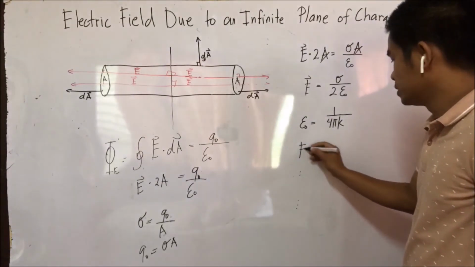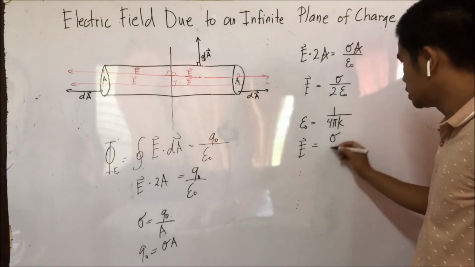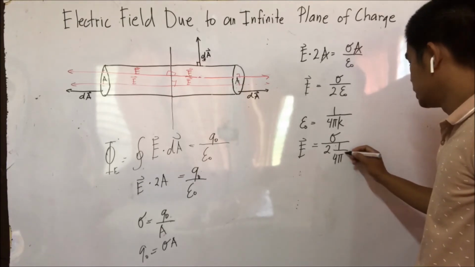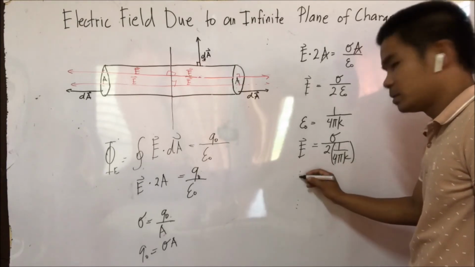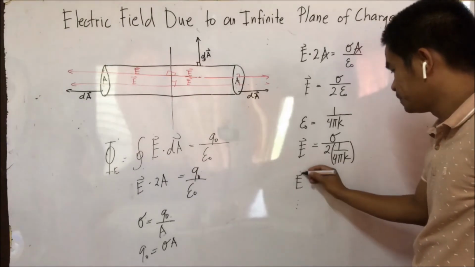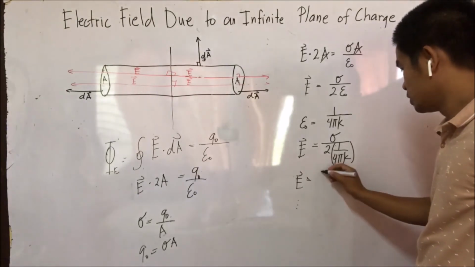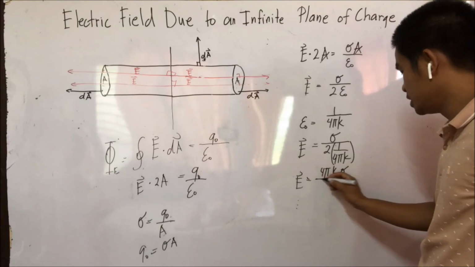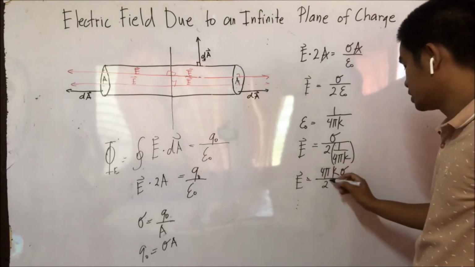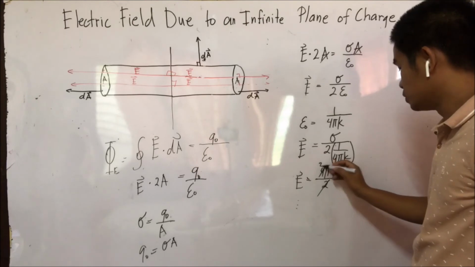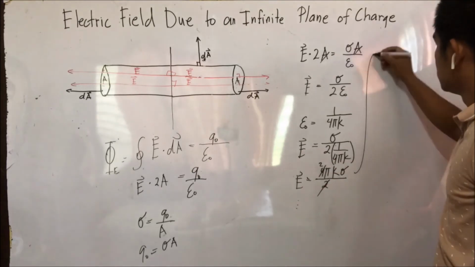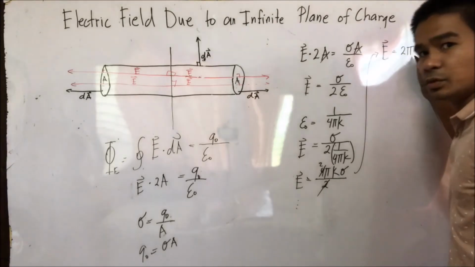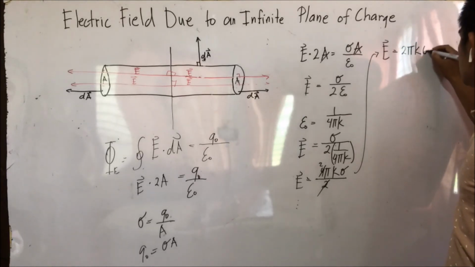So we have electric field equals the surface charge density over 2 times 1 over 4 pi Coulomb's constant, or the electric field equals 4 pi K times the surface charge density over 2. So I will cancel 2, and then 4 becomes 2. 4 divided by 2 is 2. So meaning the electric field is 2 pi times Coulomb's constant and surface charge density.